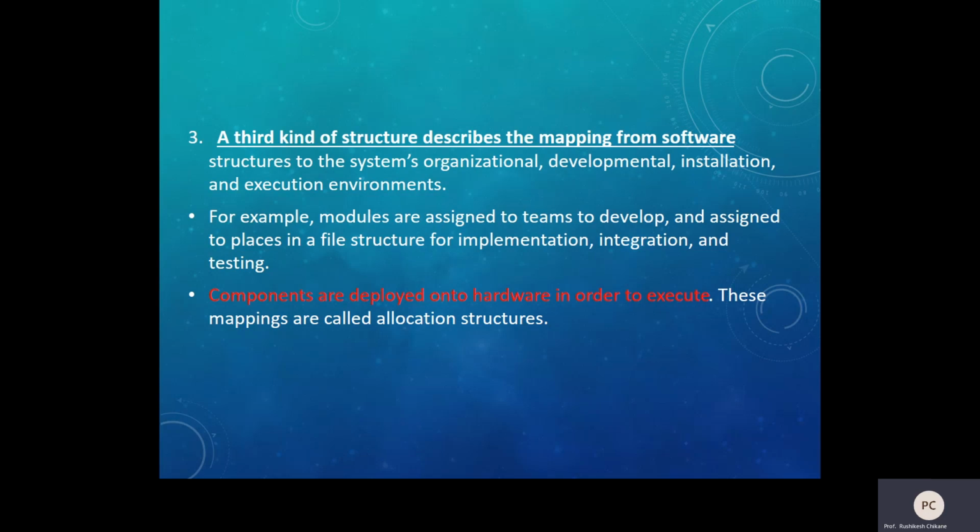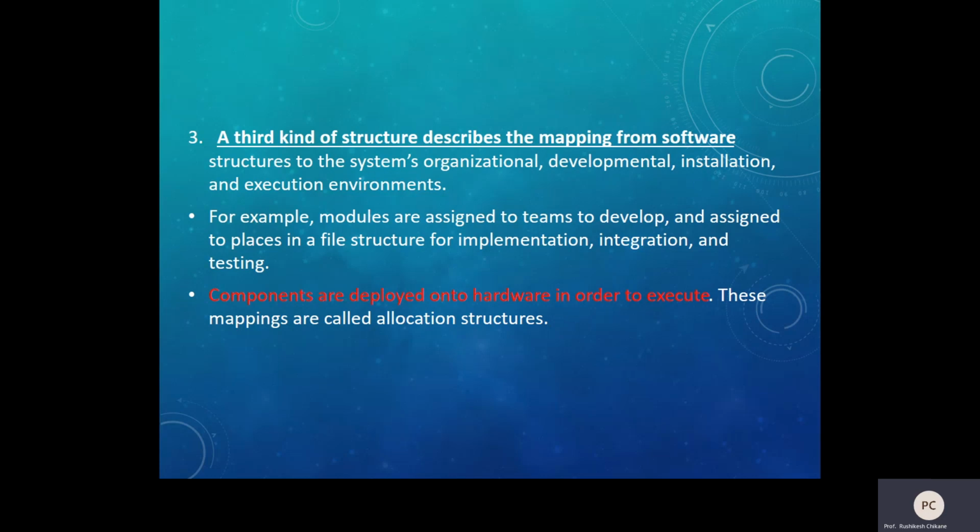Your hard disk is a type of hardware where you install your software system. The software system consists of the components, and the installation is deploying that software onto the hardware, which is your computer system. This mapping is the allocation structure.